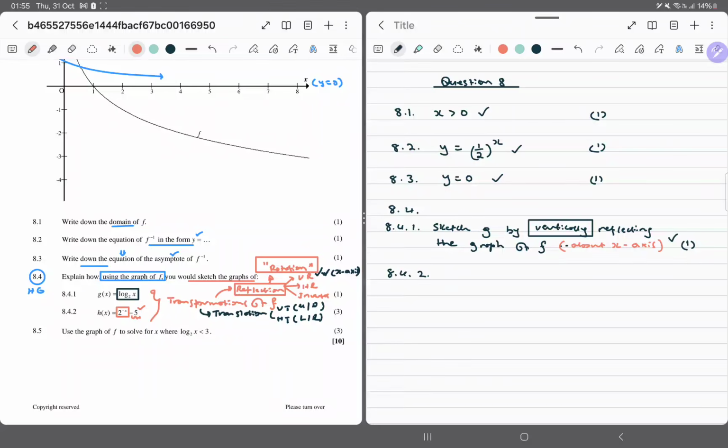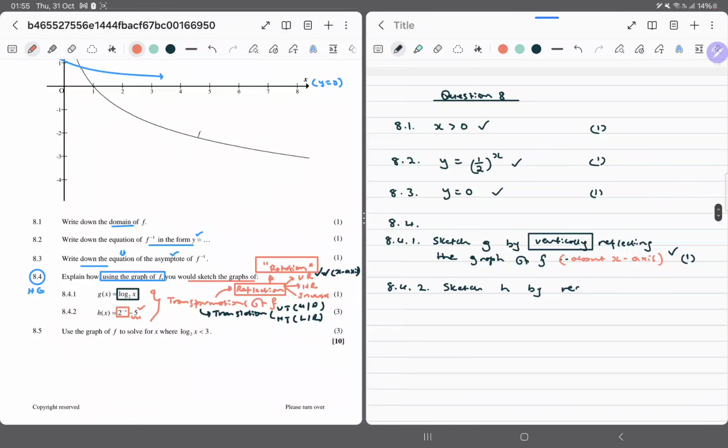So we can say sketch h by reflecting. Remember, an inverse is a reflection. By reflecting f about the line y equals x, and then translate 5 units down.